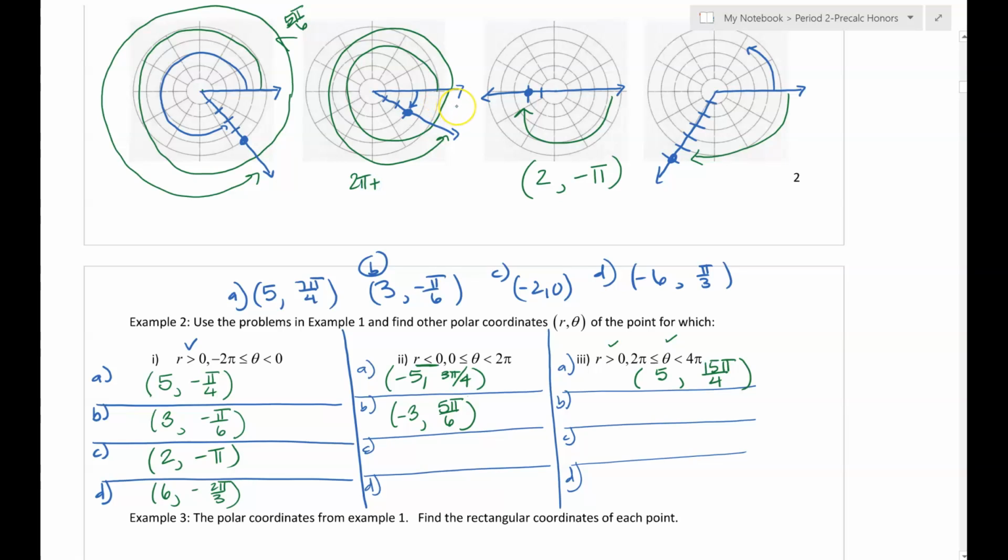We know the reference angle is pi over 6, so now we are left with 11 pi over 6. With a common denominator, this is really 12 pi over 6, so now this angle is 23 pi over 6. Now the radius is positive, so all we do is copy down 3 because it was already positive.